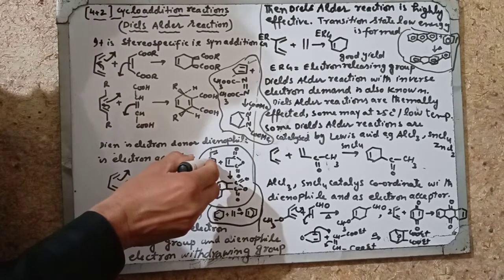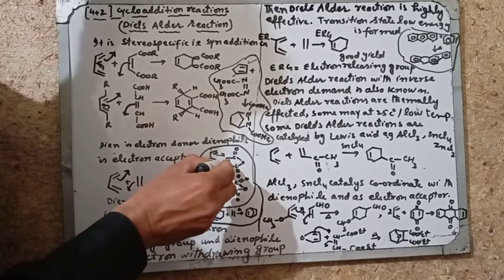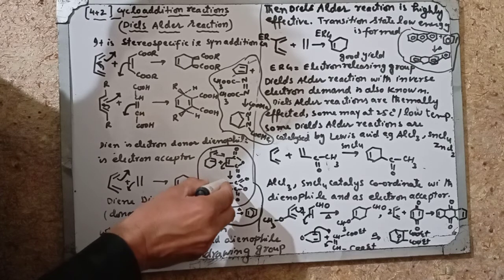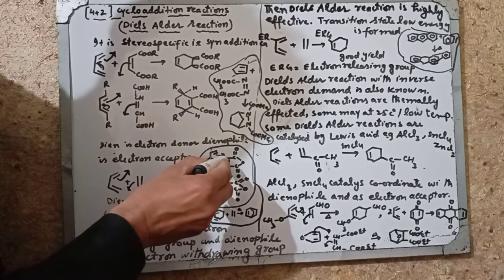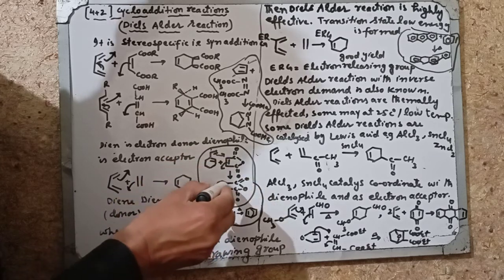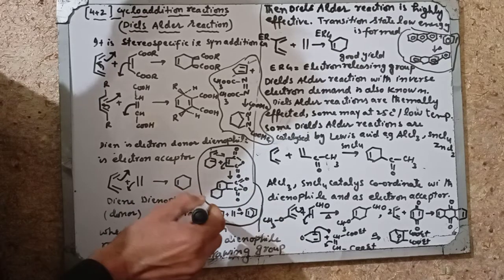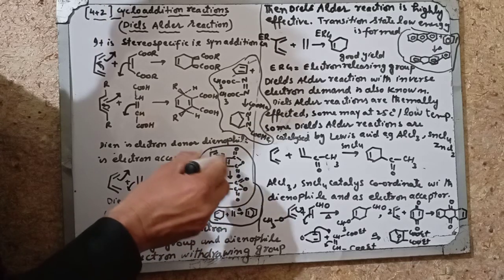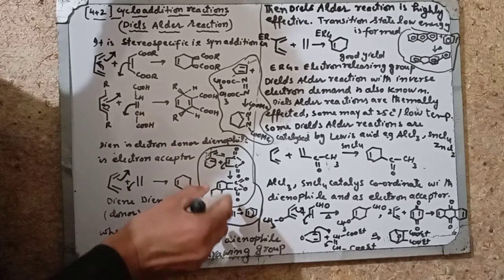This is also a diene and this is the dienophile. This double bond will shift here and substitution will occur on this carbon atom. This bond will shift here. These will be substituted and form a ring. This double bond will shift between these carbon atoms.